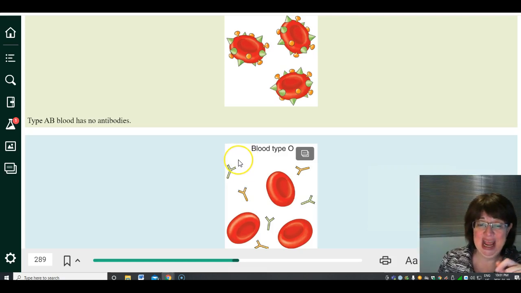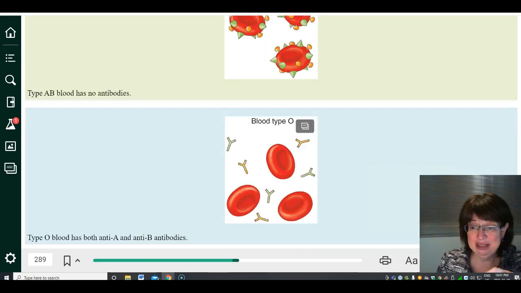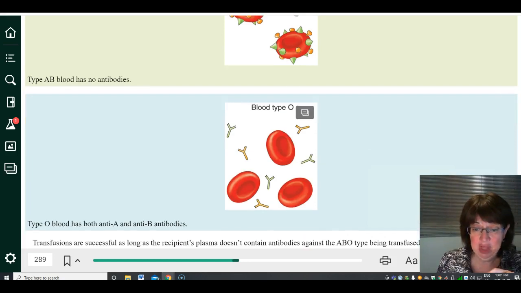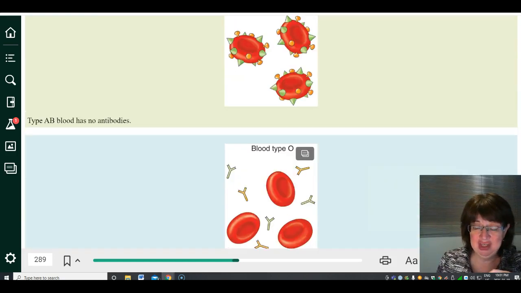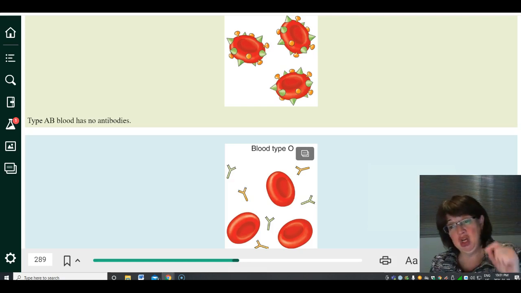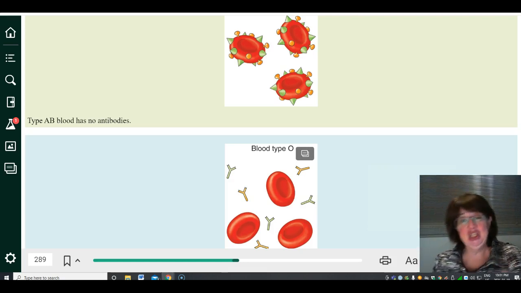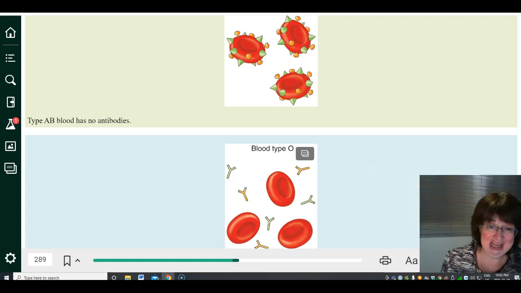So you've got A and B antibodies. So when it comes to getting blood type, when you have a transfusion, you want to give your blood cells to someone and you don't want the antigens on the donated blood cells to attack or be attacked by the antibodies in the person's plasma.